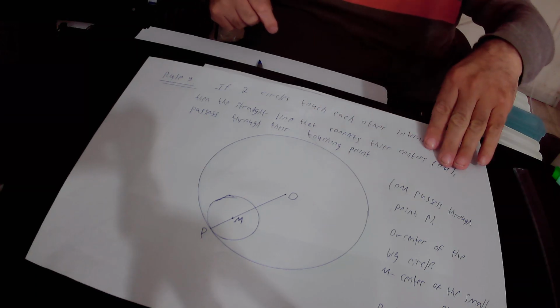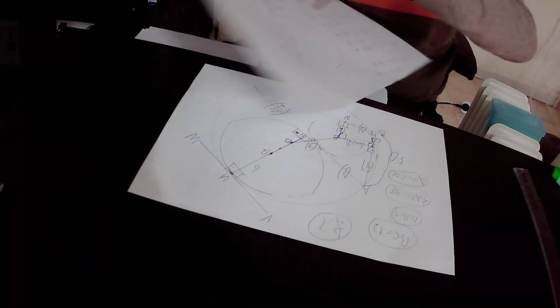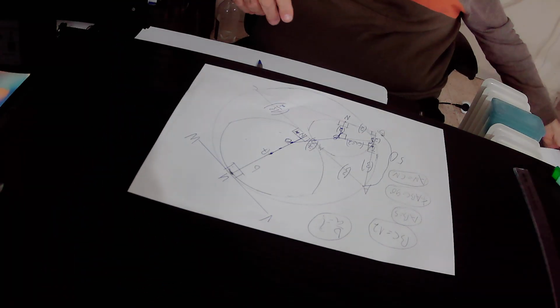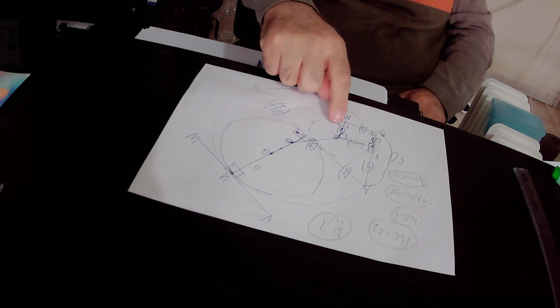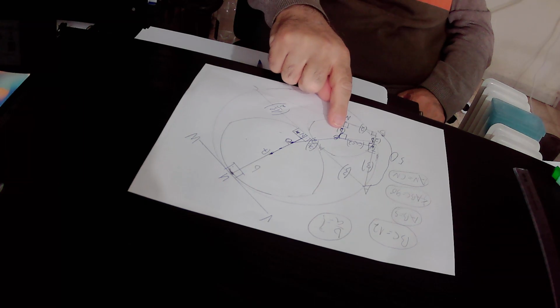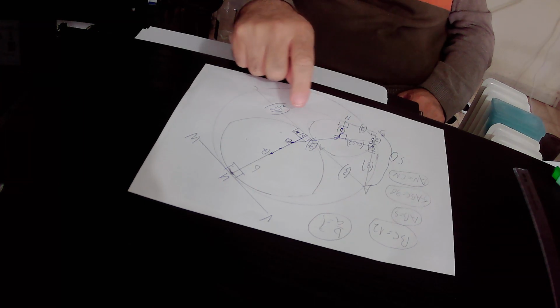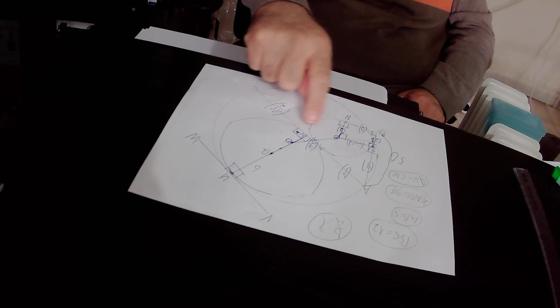So we can implement rule number 9 in our drawing, because in our drawing the center of the biggest circle is point O, the center of the smaller circle is point P, and the straight line that connects the centers together is OP.